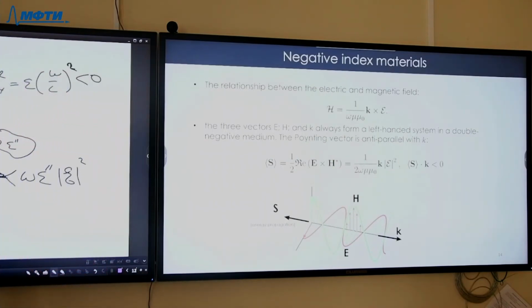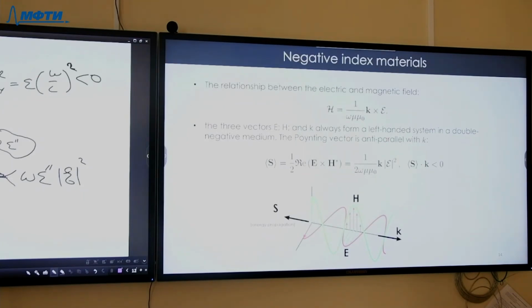So we're going to use the relationship between the electric and magnetic fields in a plane wave that, of course, remains valid. Here we assume we have fixed some wave vector K and some electric field polarization E. And now with use of these quantities, we can determine the magnetic field polarization of the plane wave H.